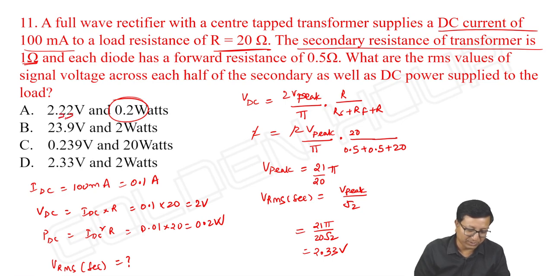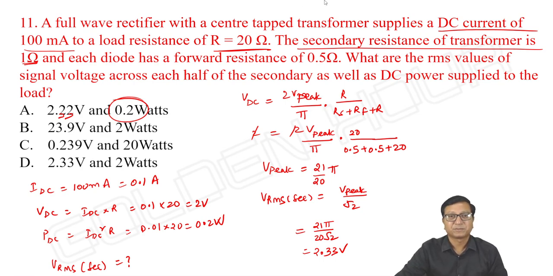It might be 2.33 volts, not 2233. That's it. This way we can do this. So it's also a simple one. We know every point here. The data is given, just rearrangements.